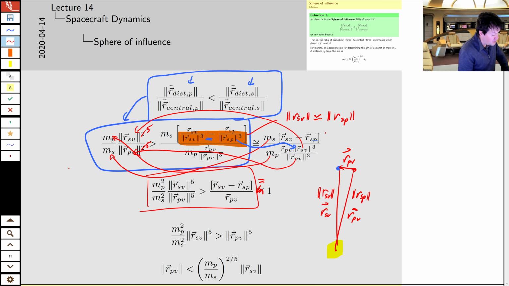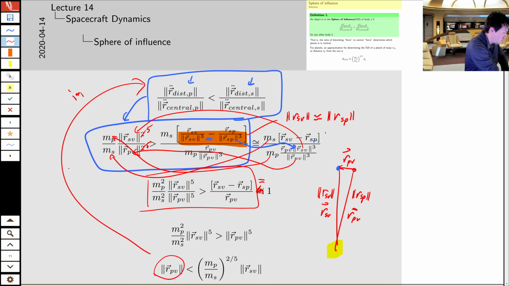And so we divide through and solve for RPV. We want to find the distance to the planet under which this condition holds. So we just solve for RPV.